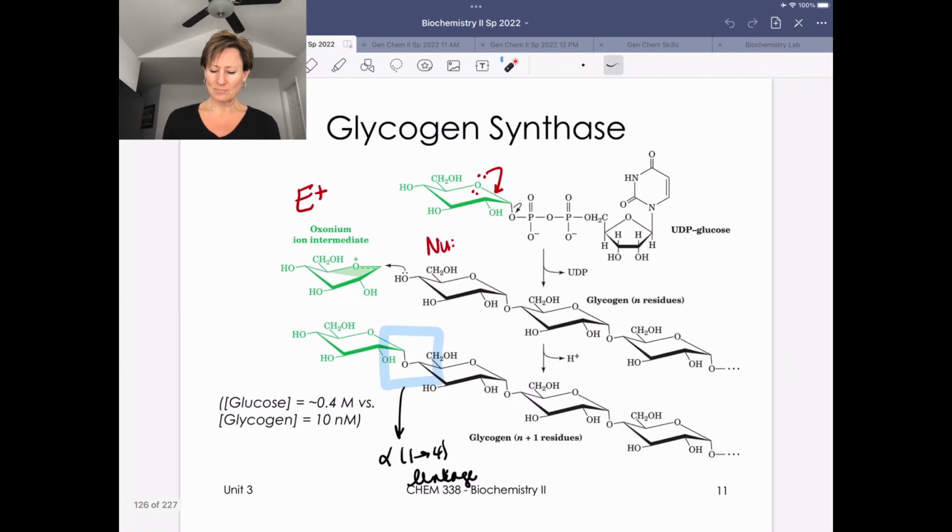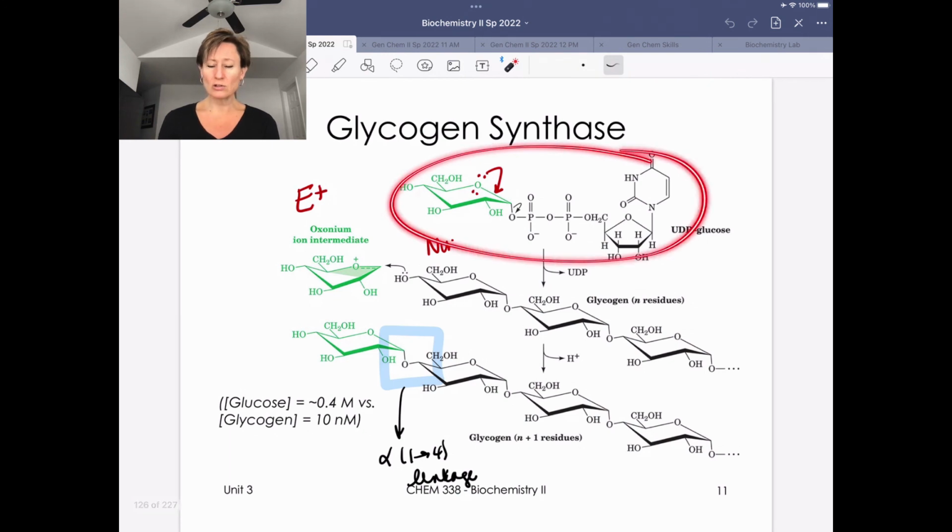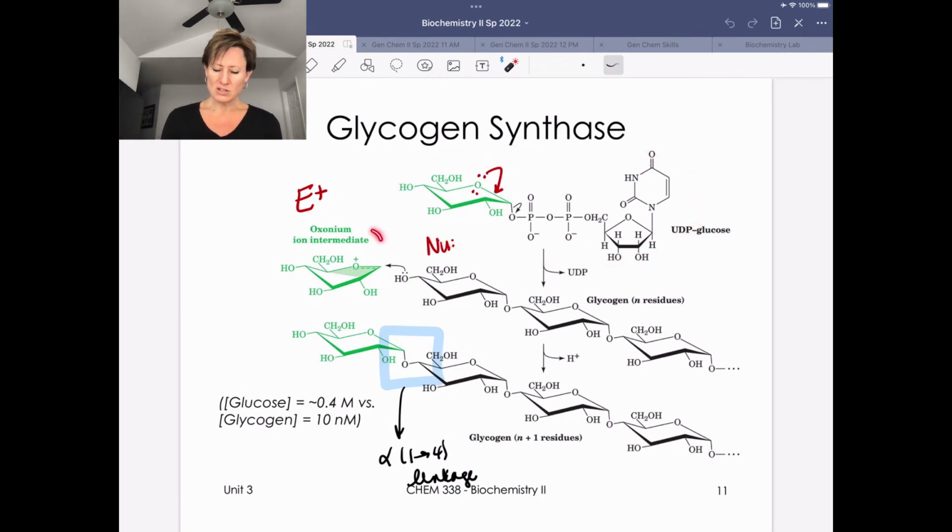So that leaving group leaves, and we're left with a very electrophilic intermediate. Nucleophilic attack by the C4 hydroxyl of our growing chain polymer generates our alpha-1,4 glycosidic linkages. Now, just to highlight here, if this were the branching enzyme generating alpha-1,6 glycosidic linkages, this would be the OH group that would be used.